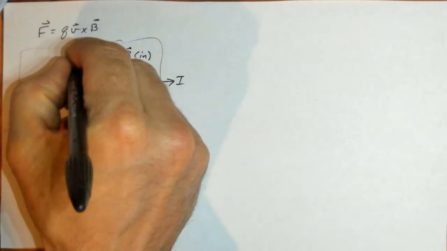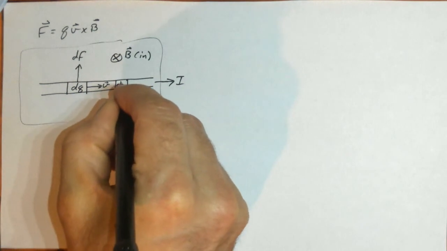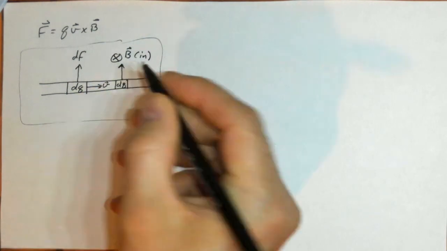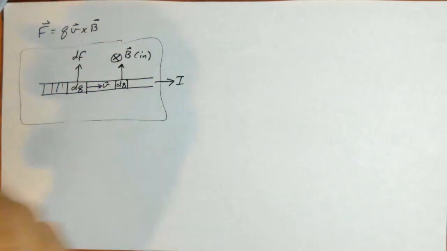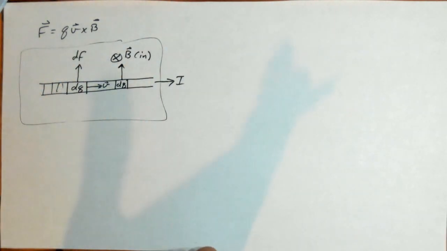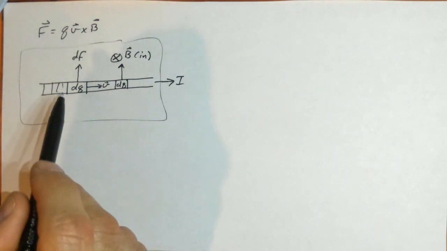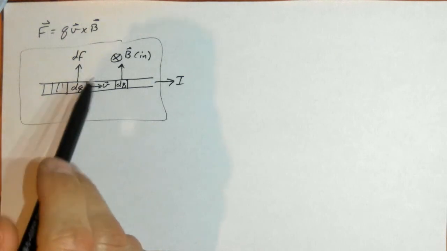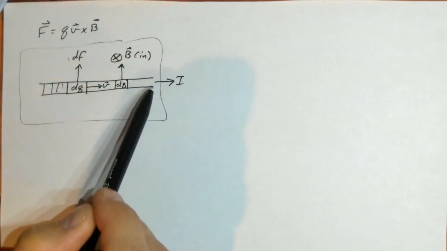So I'm going to call that a dF, because there's another piece of charge right here having the same force, and another one over here, and everywhere I break this up is full of dq's. And so to find the total force on this wire, I would have to integrate whatever I got for dF over the whole wire.